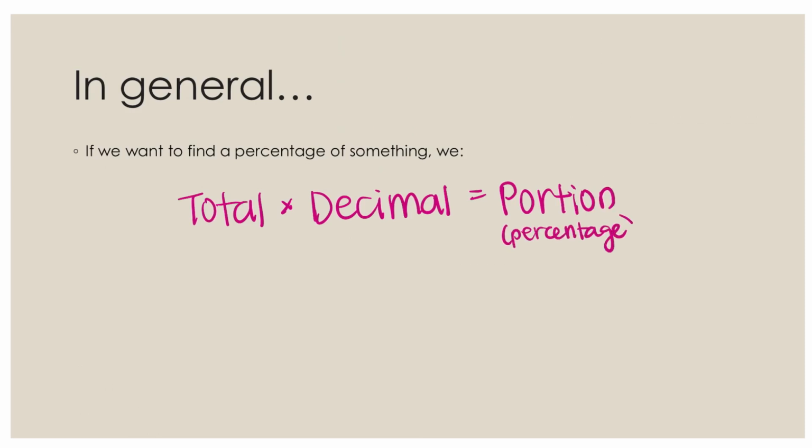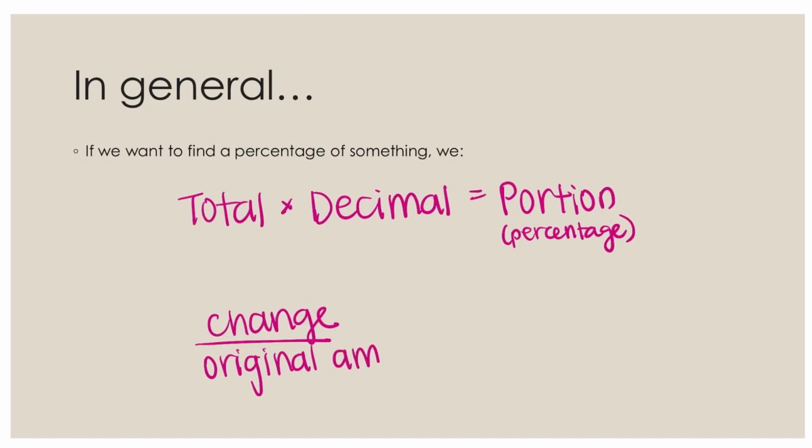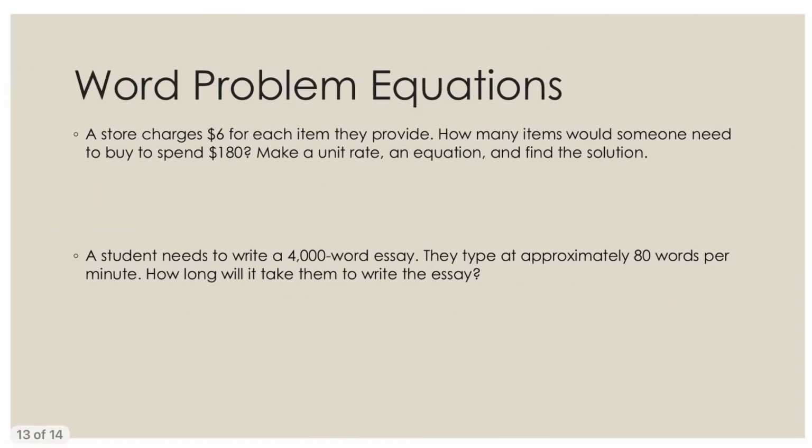If we want to find a percentage based on growth and decay, we would do the change divided by the original amount. And then we would have that as a decimal, which we would change to a percent. So that was covered with percentages. You're not always going to see percentages but proportions.